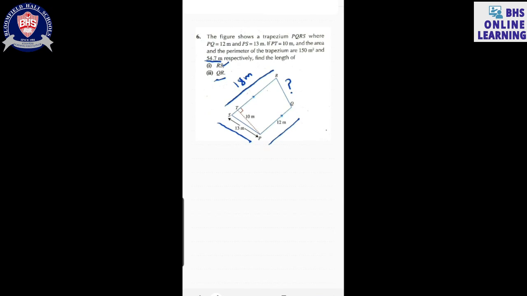So obviously we will use the concept of perimeter here. We know that perimeter means adding all of the sides, all four sides. So if I take this as A, this is B, this is C, this is D. So A plus B plus C plus D. I know the value of A, which is 12.